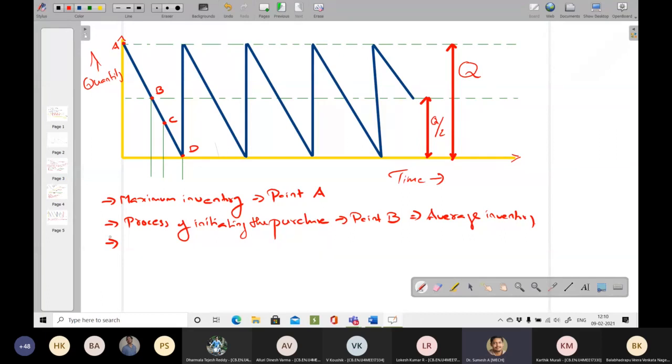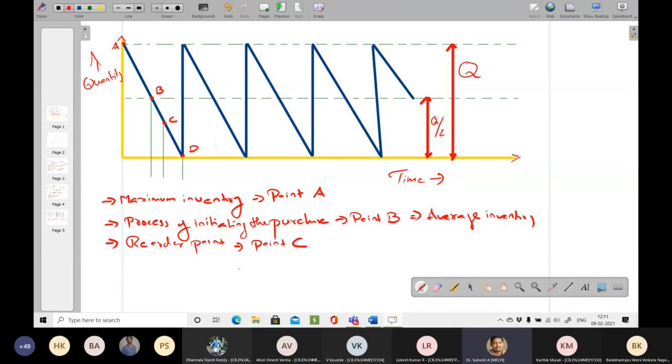At point C, you are basically placing the order. So that point is point number C, and I can say that is the reorder point.